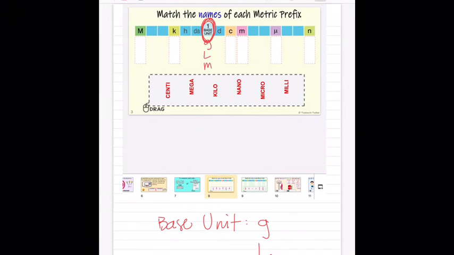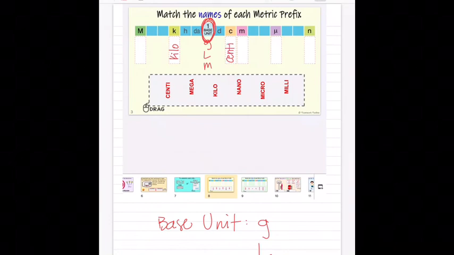Now, what you need to know is what order the prefixes are in. People get really confused with that. So I'm going to talk about what each of these are. The ones that we use the most are kilo, like kilogram. We also use centi, like centimeter, or milli, like millimeter.